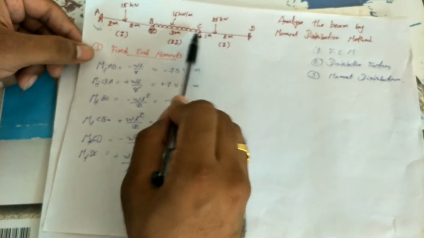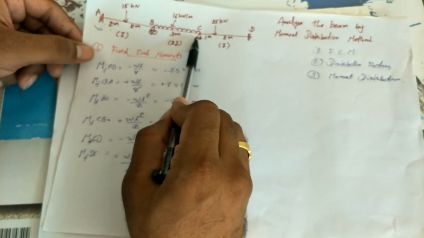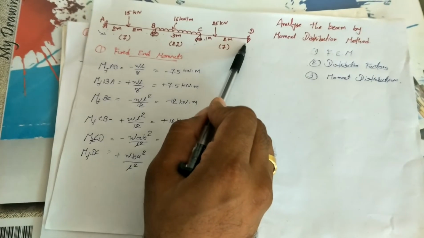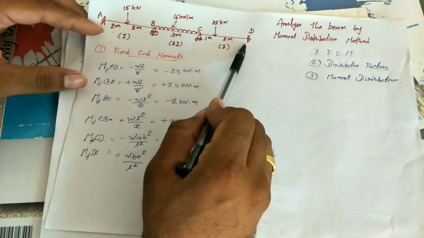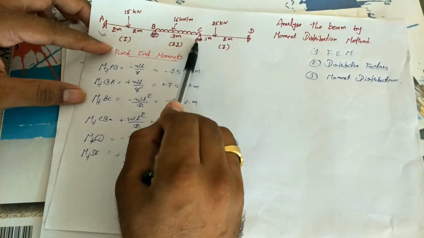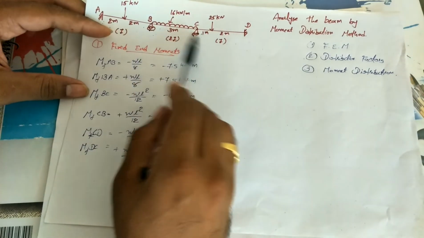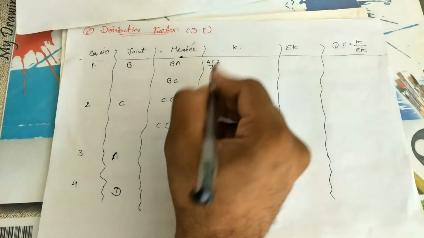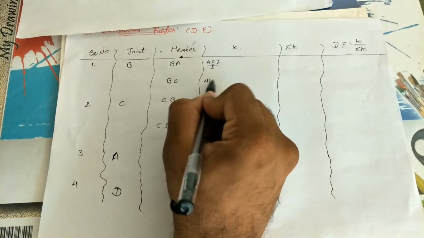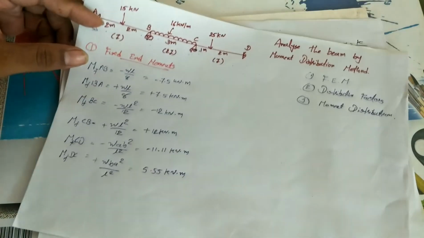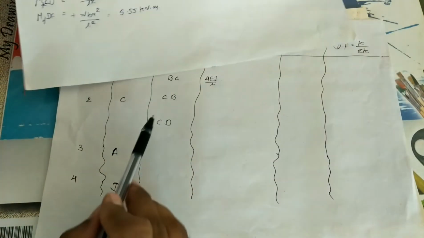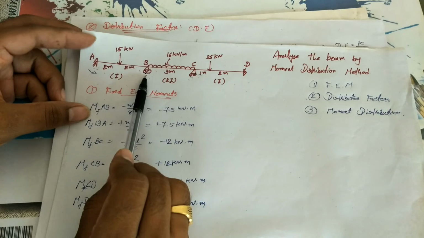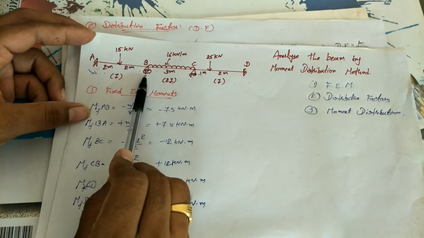There is another support next to support C, and whether that support is fixed or simple, we have to consider it as a fixed support, since C is an intermediate support. So BC is 4EI by L. Same for CB. Now for joint C, CB: B is a simple support, so the stiffness is 3EI by L.